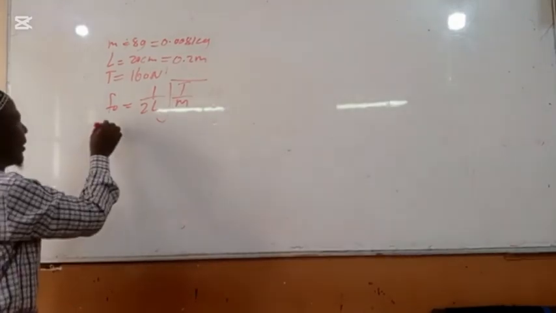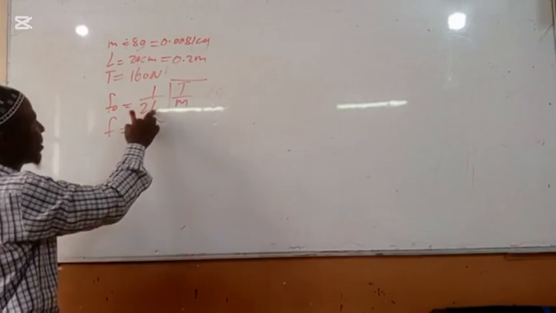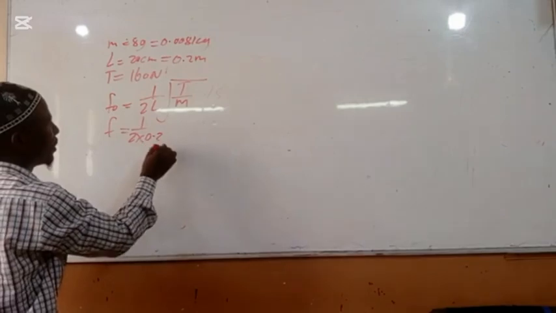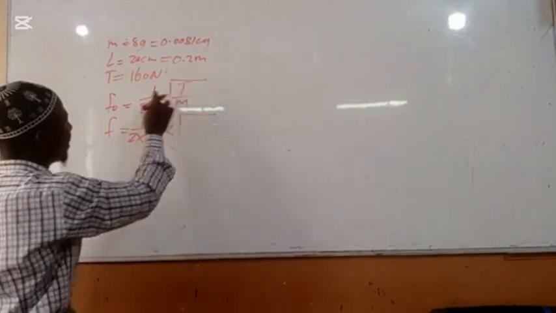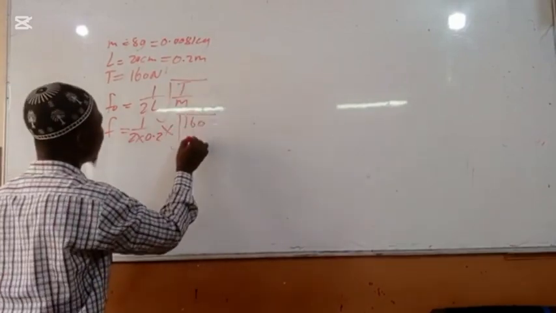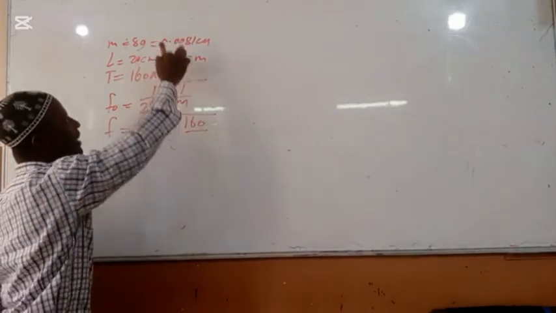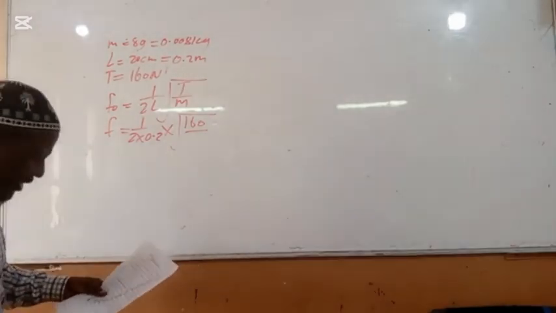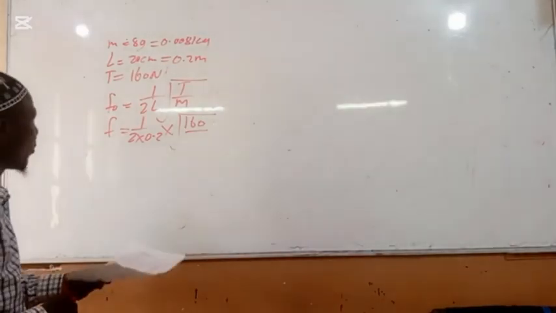So therefore we have F naught is equal to 1 over 2 multiplied by the length, which is 0.2, then multiplied by square root of tension, that is 160, divided by mass per length. Don't use this mass alone, you divide it by 0.2 first. So 0.008 divided by 0.2 will give you 0.04.